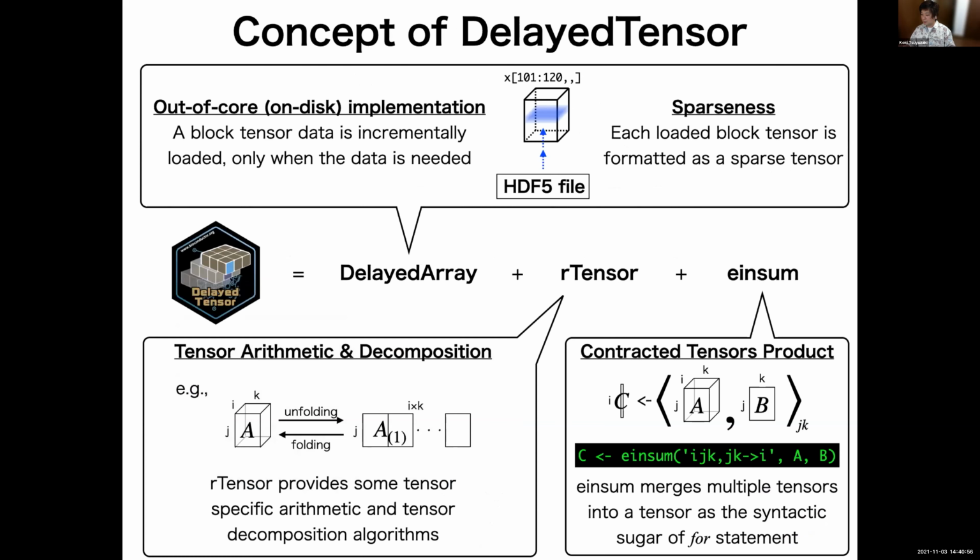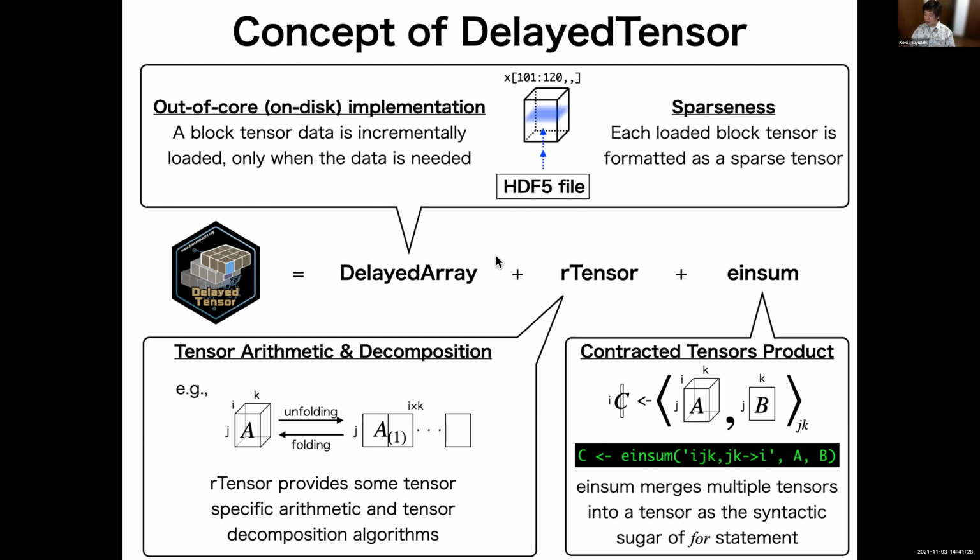So now I am developing an out-of-core and sparse implementation of tensor called DelayedTensor. In this package, tensor data is stored in HDF5 files, and the block tensor is incrementally loaded in an out-of-core manner, only when the data is needed. After data loading, each loaded block tensor is optionally formatted as a sparse tensor.